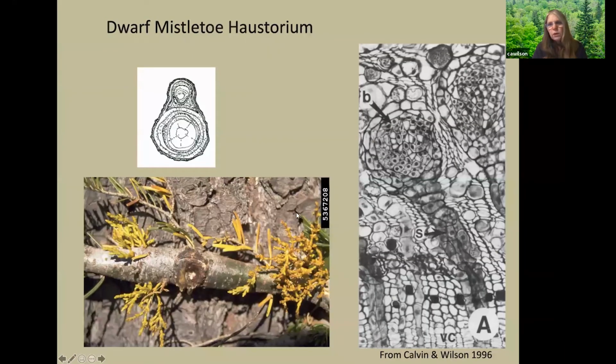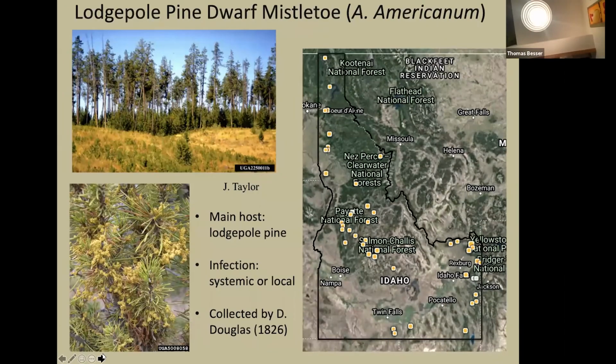So if you look at this infection here, it is in an older part of the branch. And so we could think of this as probably a local infection, but a few of the species, instead of growing down towards the main stem, so instead of kind of growing down towards where you would expect more water to come from.